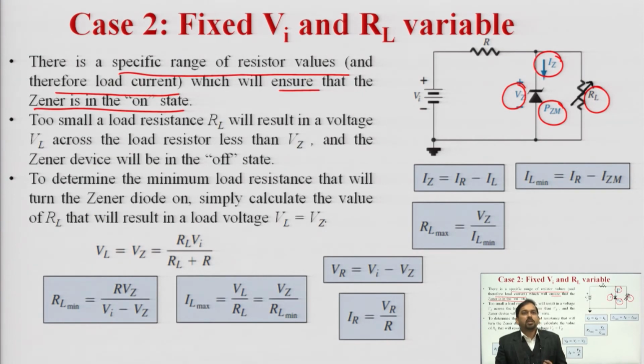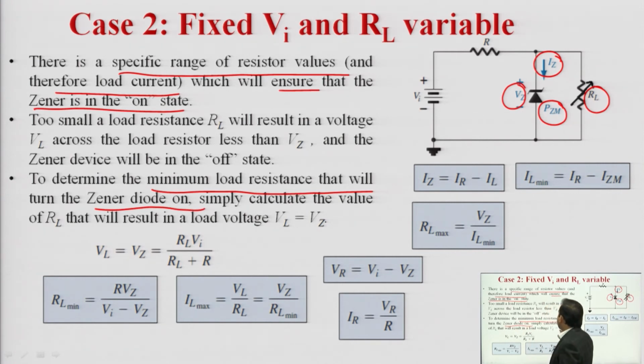The RL must have some minimum value so that the voltage across the load resistance VL is equal to Vz; only then will the circuit work as a regulator. Otherwise, if the load resistance is very small, it will not work as a regulator, meaning the Zener diode will not be on. So, to determine the minimum load resistance that will turn the Zener diode on, we use the limiting case that VL equals Vz.